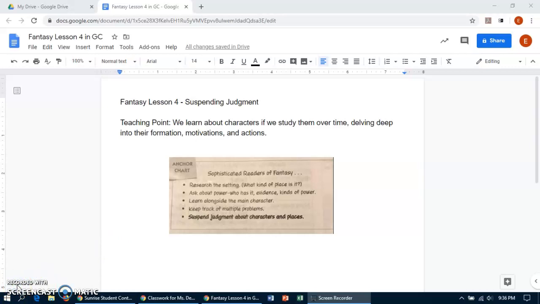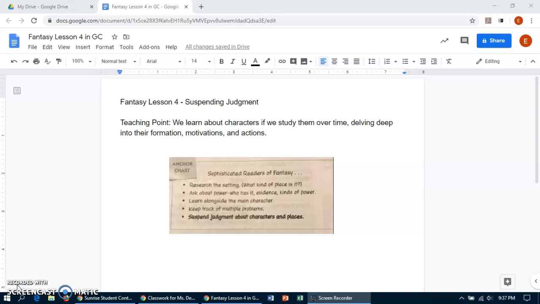As readers of fantasy, you have to expect that your characters are complicated, that they may even have contradictory traits like kindness and cruelty. And you need to continually gather evidence and reconsider your characters and try to understand why they are the way they are.